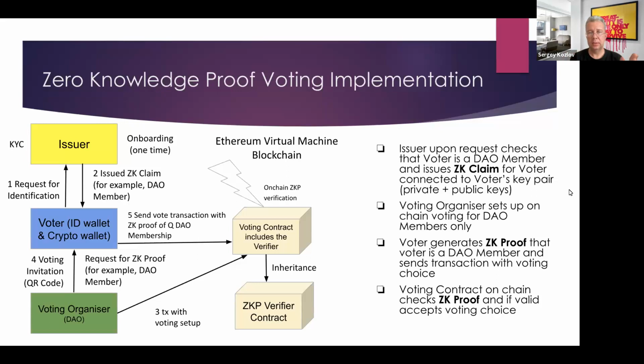We cannot vote next time because the smart contract remembers our ID, and everything is clear and transparent. So this is a very concrete example which we at Distributed Lab realized on an EVM blockchain.